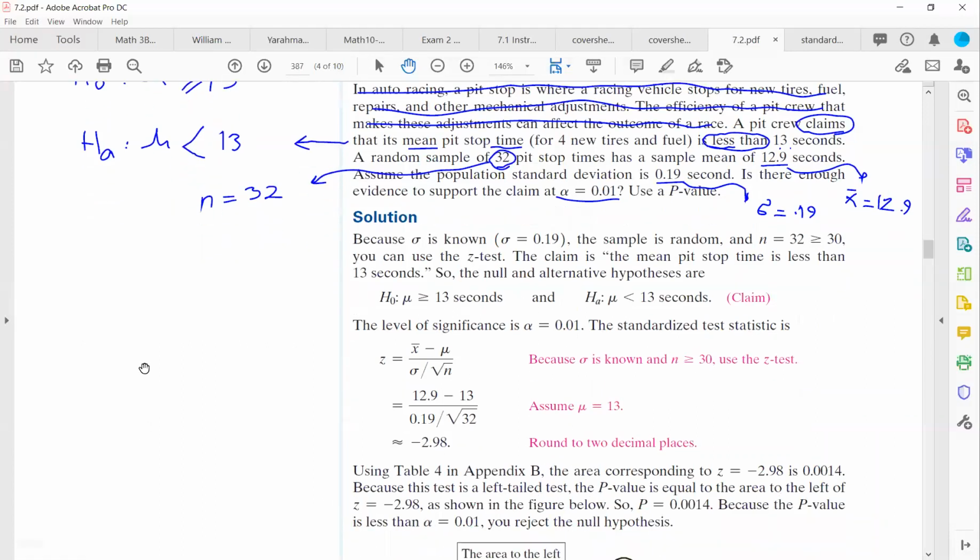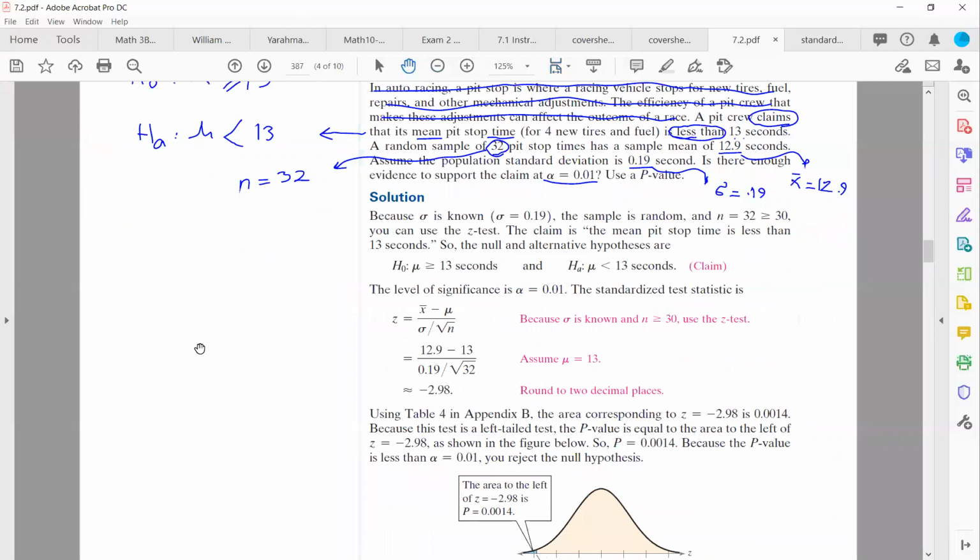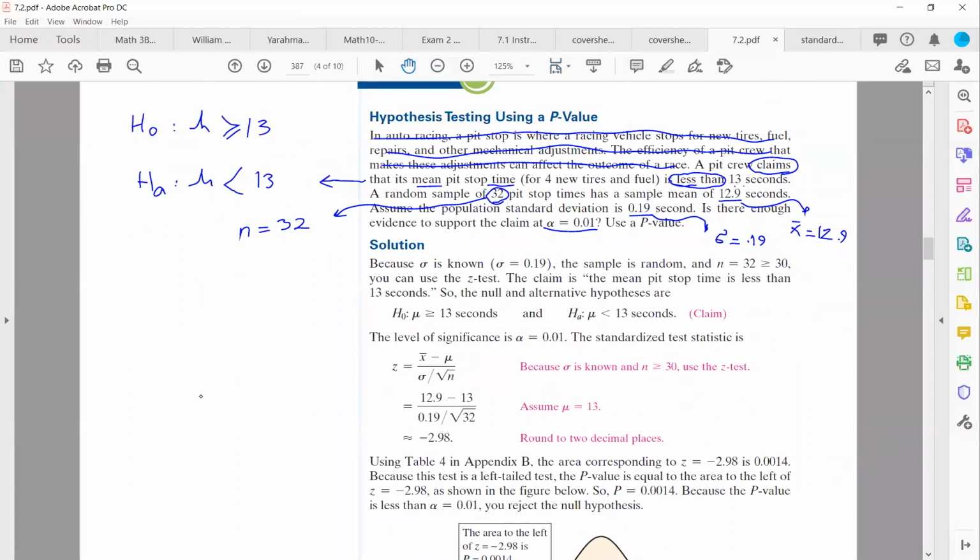So we identified the null hypothesis and the alternative hypothesis. In the next step, we have to find the test statistic, which in this case is z equals x bar minus mu divided by sigma over square root of n. We have all the missing information. We just plug them in. X bar is 12.9.